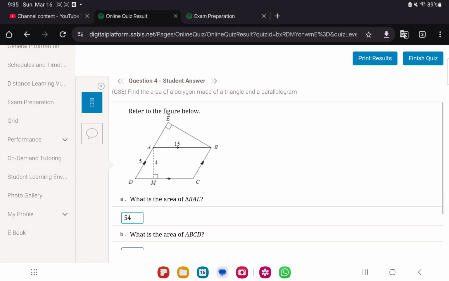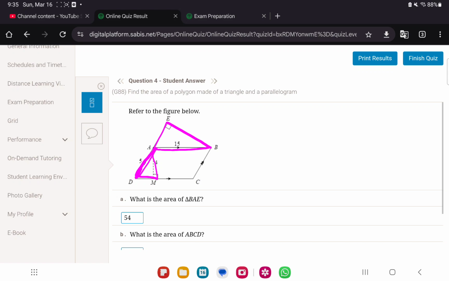Okay, this question, we're going to use similar triangles to find the first part, okay? So they want the area of BAE. The area of BAE is also similar to ADM, okay? So those two are similar triangles.